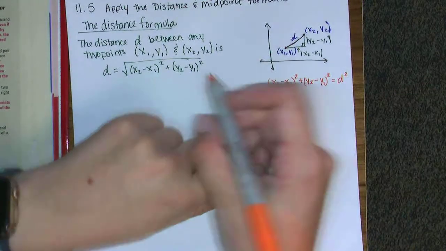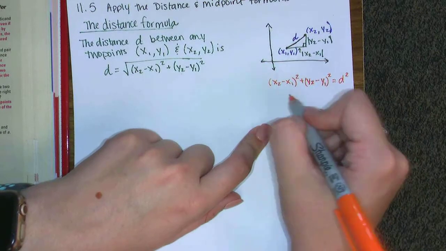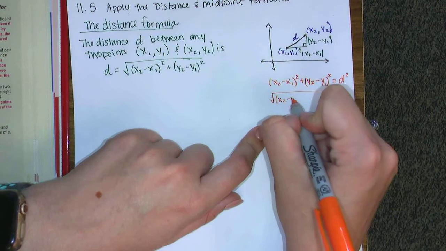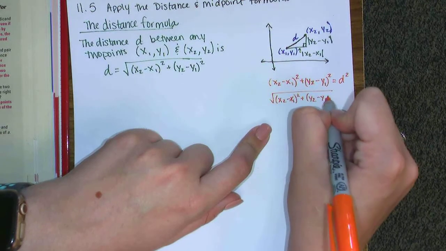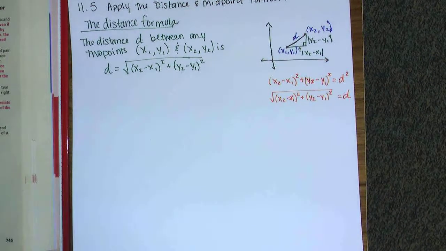But then where this comes from is we take the square root, okay, so we end up with the square root of x2 minus x1 squared plus y2 minus y1 squared is equal to d, or the distance. Okay, so that's where we get that from. Kind of interesting just looking at that in comparison with the triangle that we looked at last section in the Pythagorean theorem. Alright, so this is the distance formula.